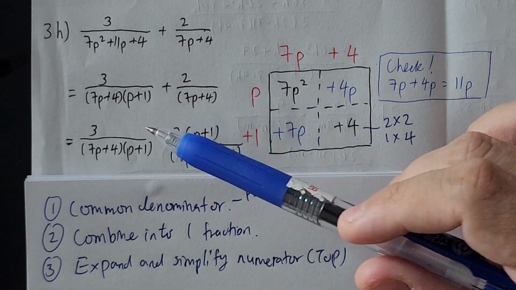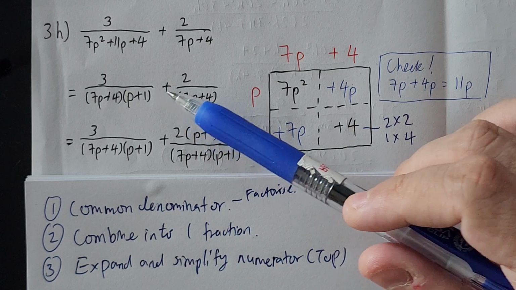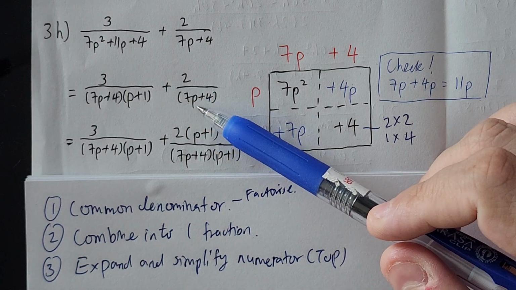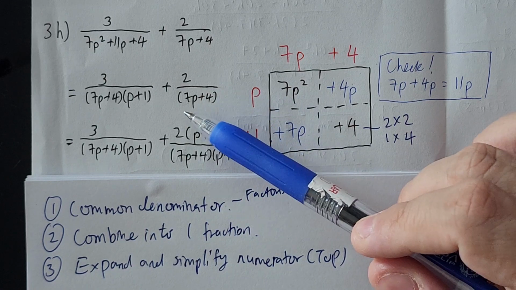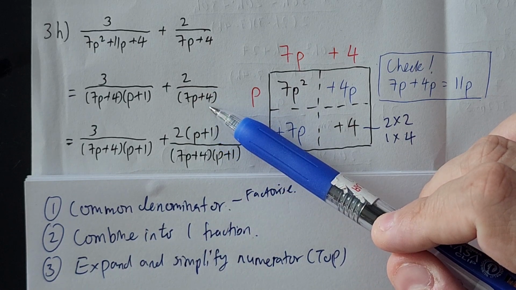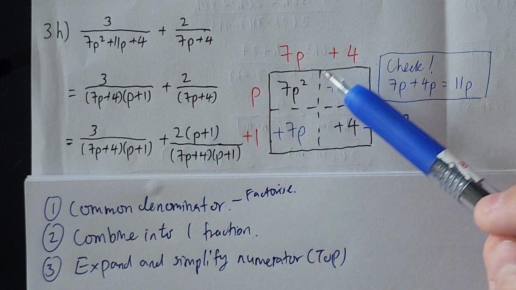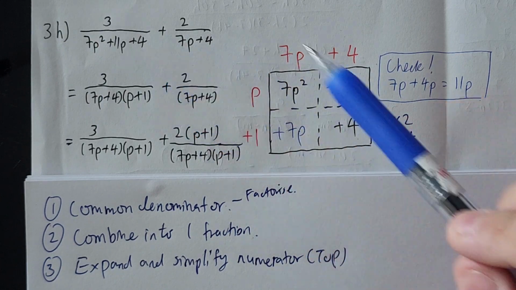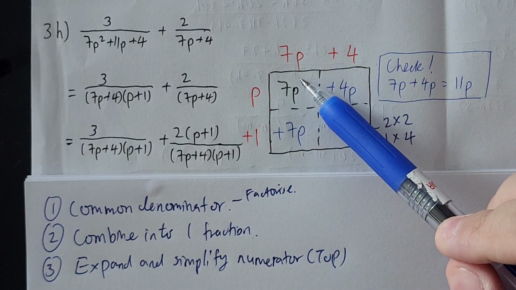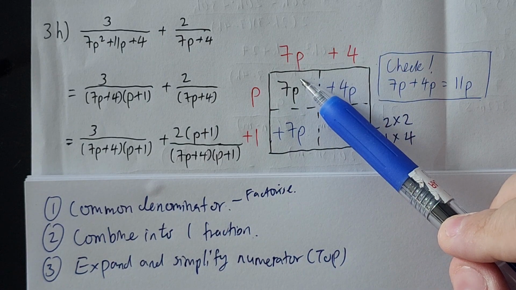Only for this type of question, whereby it's a fraction plus or minus another fraction, I look at the factor of the other fraction. It is 7p plus 4. So there is a very high chance that when I factorize this, one of the factors will be the same, 7p plus 4.